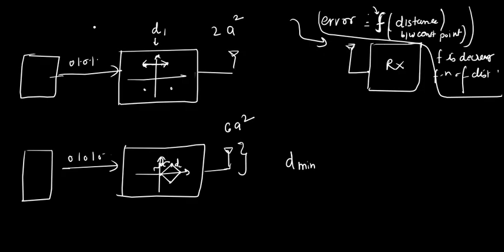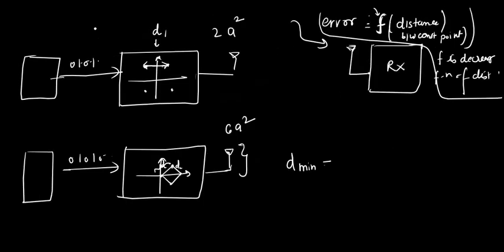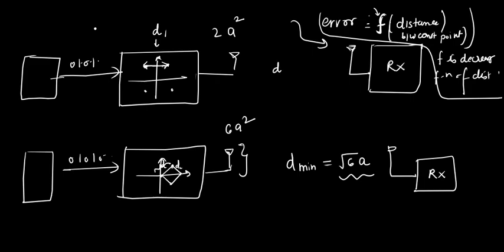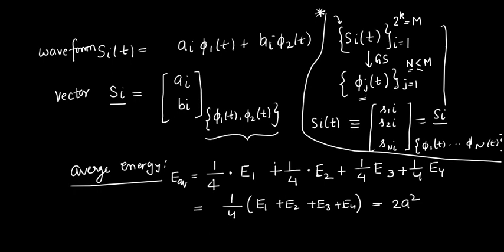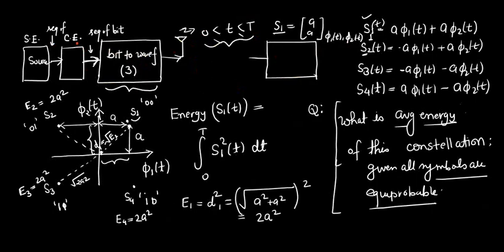Here this distance is around root 6a. So the minimum distance of this constellation is root 6a. This will decide the performance at the receiver, and here the distance is 2a, right?